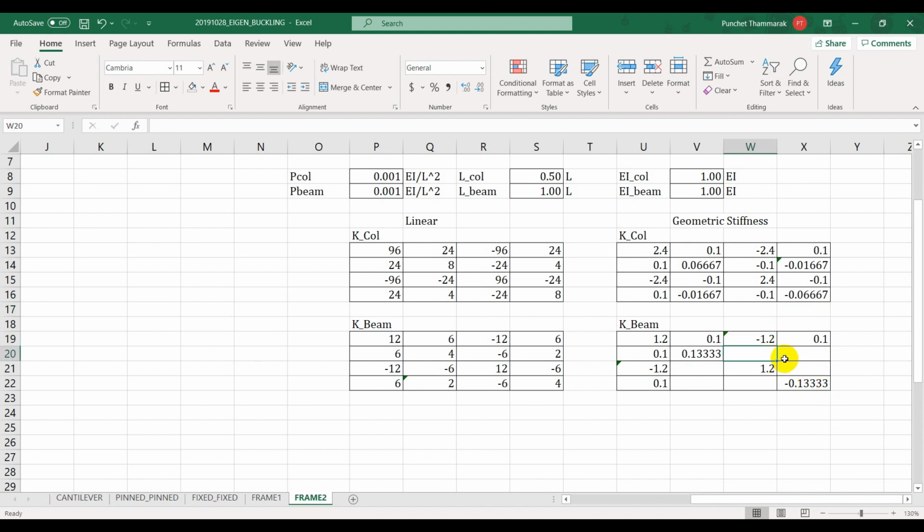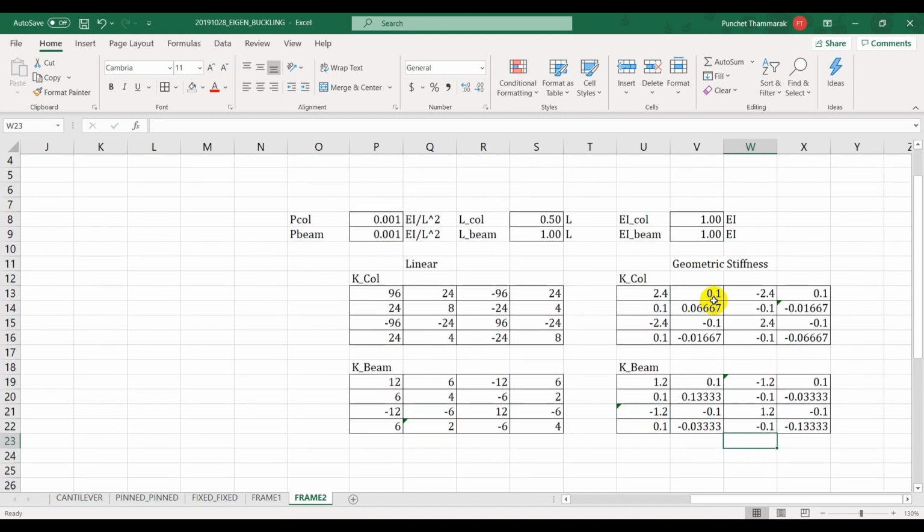L over 10, minus this, minus L over 10, okay, equals to minus L over 30, right, minus L over 30, and equals to minus 0.1 and equals to minus 0.1. Okay. Whew. All right.